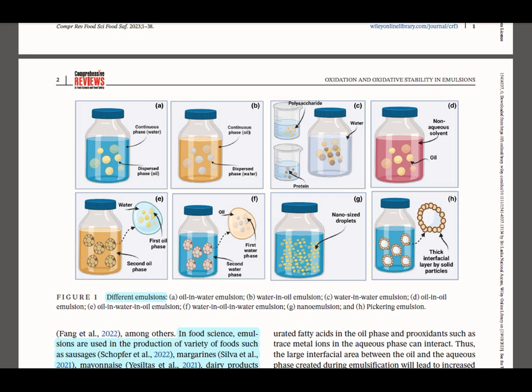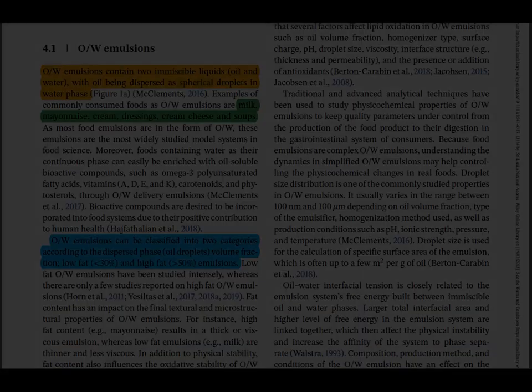Here in this figure 1, you can see different types of emulsions. They are oil in water emulsion, water in oil emulsion, water in water emulsion, oil in oil emulsion, oil in water in oil emulsion, water in oil in water emulsion, nanoemulsions, and Pickering emulsions.